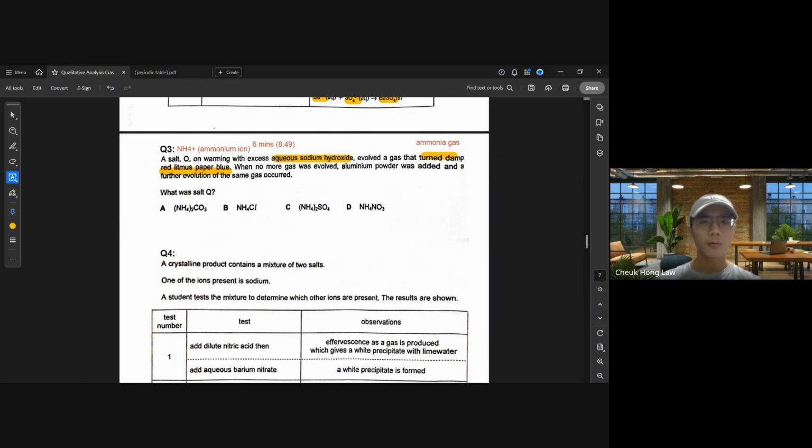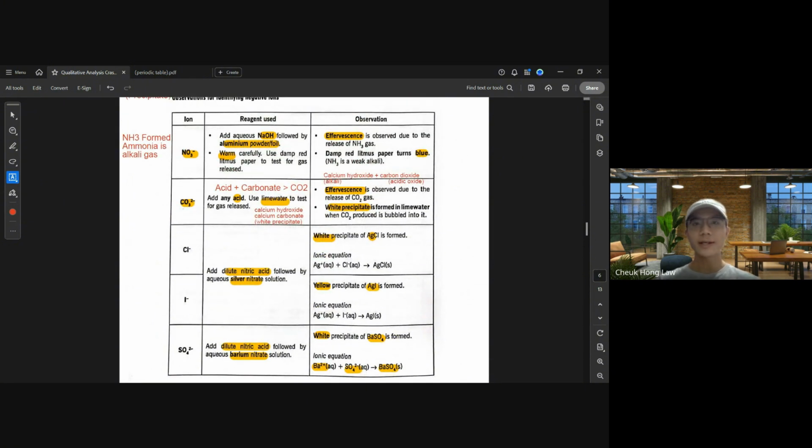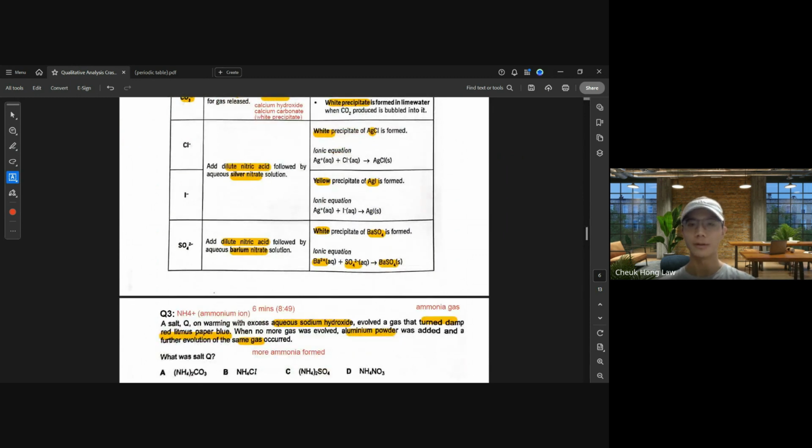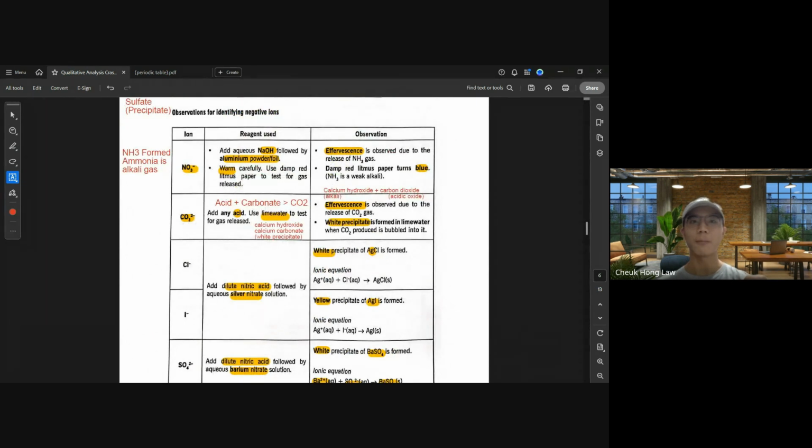Then next, when no more gas was evolved, aluminum powder was added and a further evolution of the same gas occurred. So after you add aluminum powder, more ammonia forms. If you remember, this is actually your test for nitrates. For nitrates, you add aqueous sodium hydroxide, followed by aluminum powder or aluminum foil, then you warm the solution, and ammonia gas is formed.